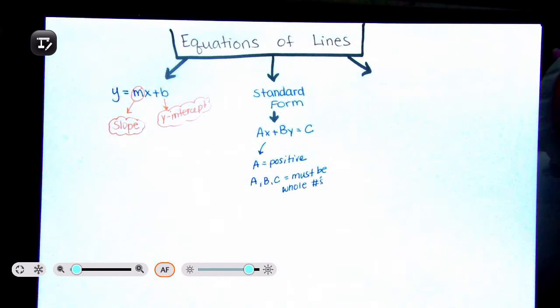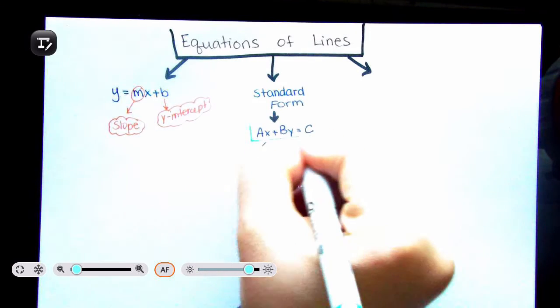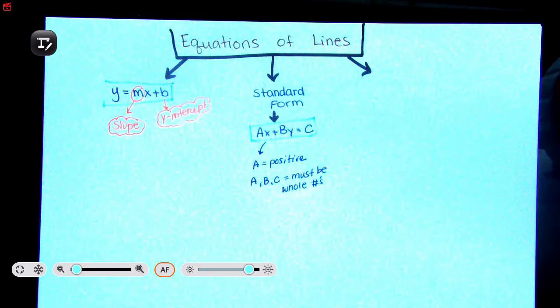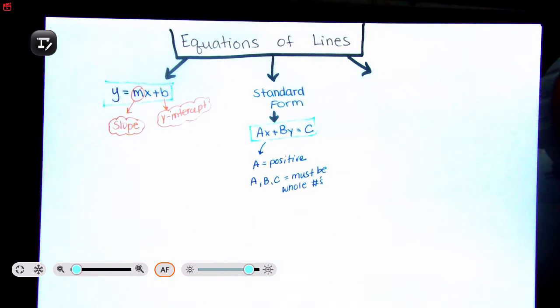Now the third one, let me put this in a bubble. Here's our standard form, here's our slope-intercept form, and our last one was point-slope form.